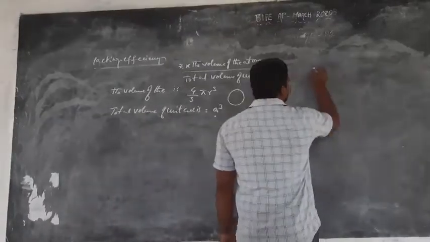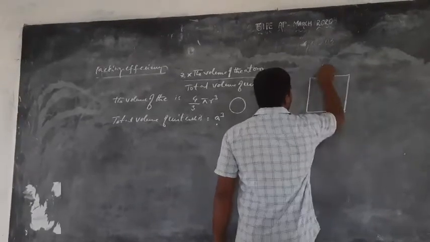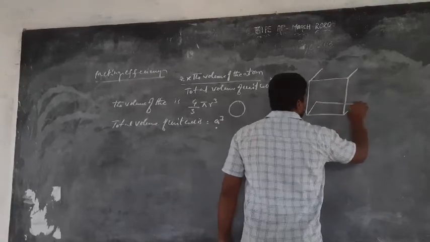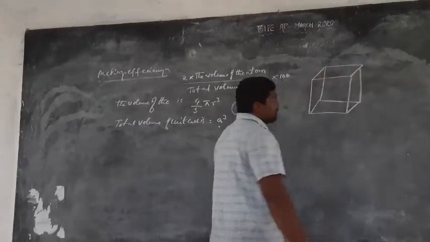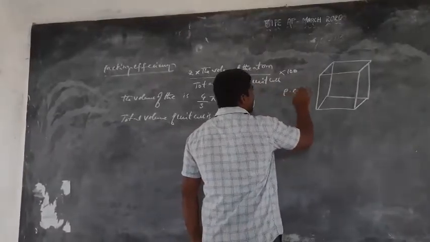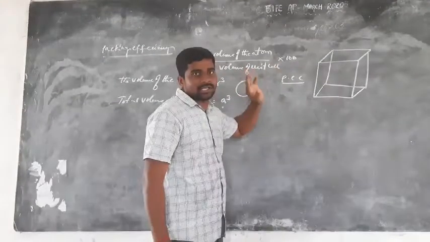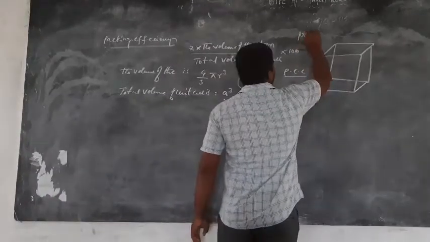Why is it a cube? Suppose we have taken this unit cell. What type of unit cell? This is the PCC, primitive cubic crystal, meaning a primitive unit cell.